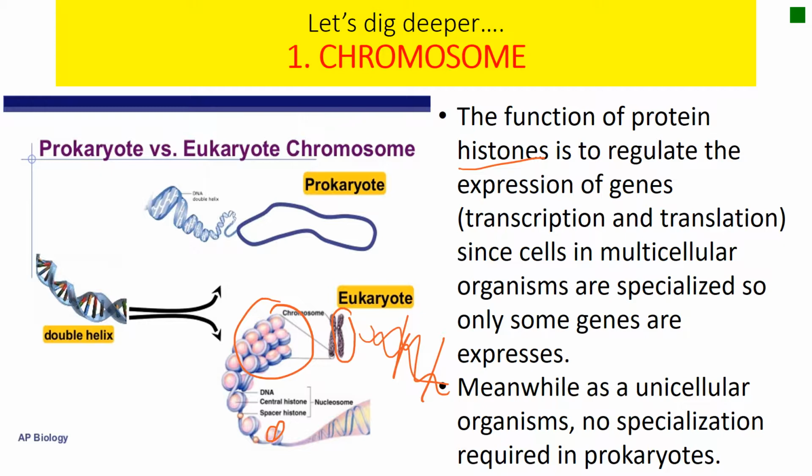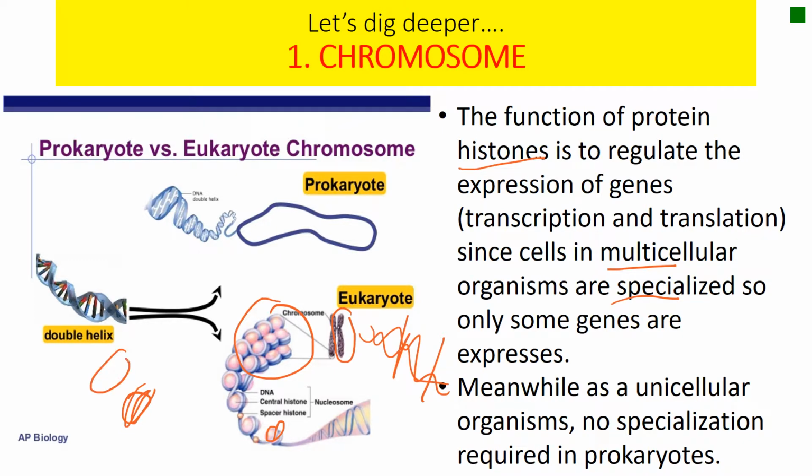So in eukaryotes, since they are multicellular, the organisms are specialized. So each cell cannot express all the genes. They have to select which gene needs to be expressed based on its function. So that's why this protein has a function to open or close the gene.